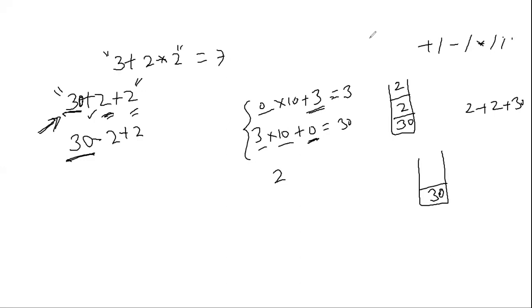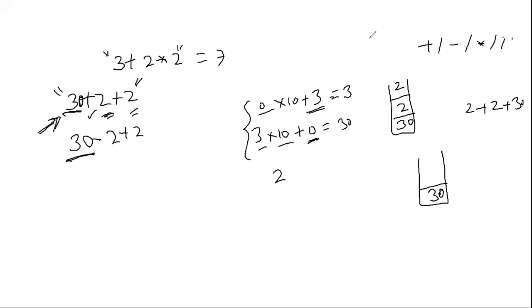Though I have not solved it, I'm thinking of having two stacks, one for the operands, the numbers, and another for the operators. So you want two stacks, you are saying? Yeah. Whenever I get an operator, I push that to the operator stack, and if I get an operand, I push it to the operand stack.